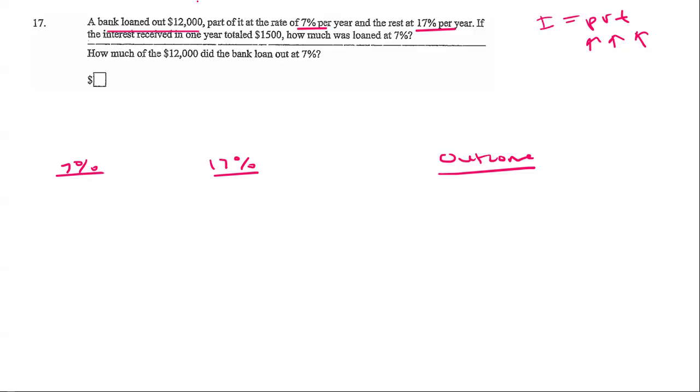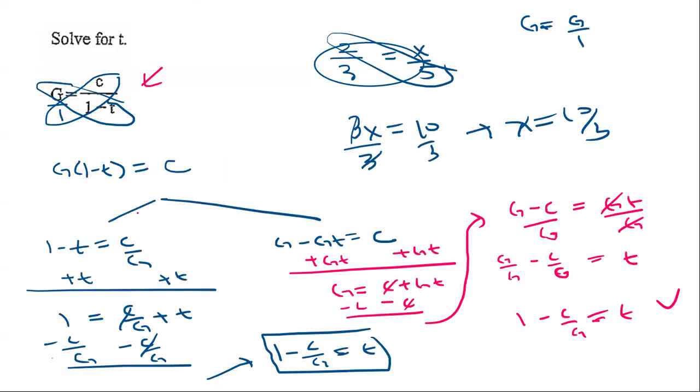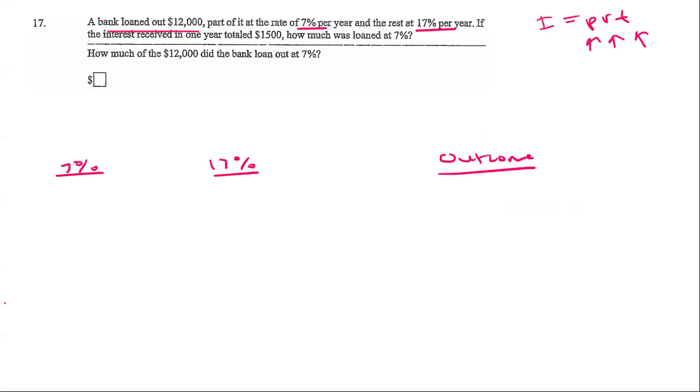So we don't know how much was put in each of these percentages. So one of them has to be X. And normally I just like to put the first one as X, but it doesn't really matter. How it's solved might be a little bit different, but in the end, you should get the same result. So I'm going to label this X because I don't know how much I'm putting in 7%.